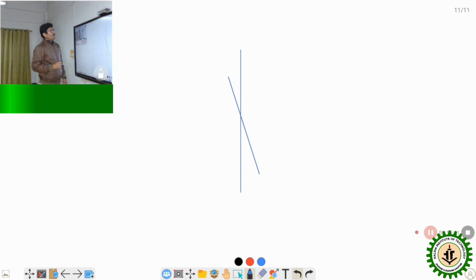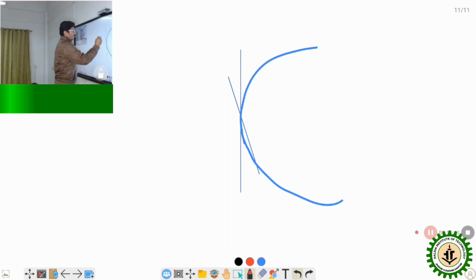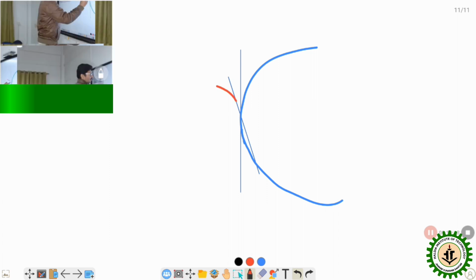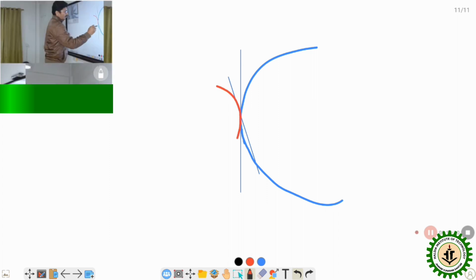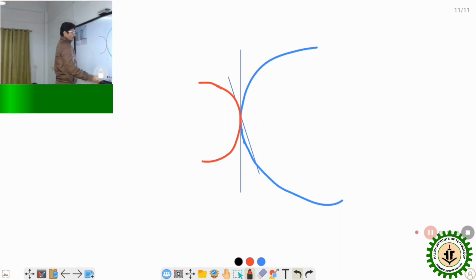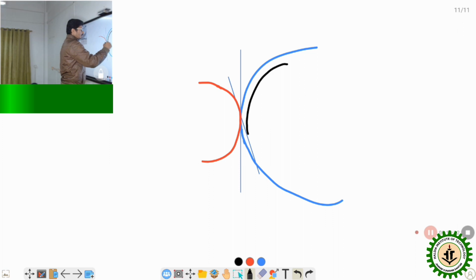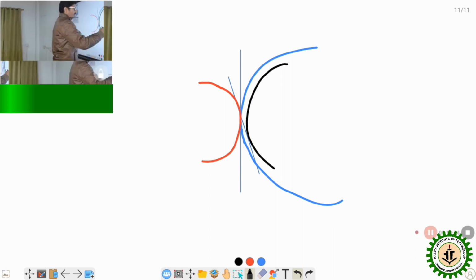Now, what is the importance of this base circle? As I told you, suppose this one is the pitch circle of a gear and this one is the pitch circle of the pinion. Now the base circle of the gear is like that way.